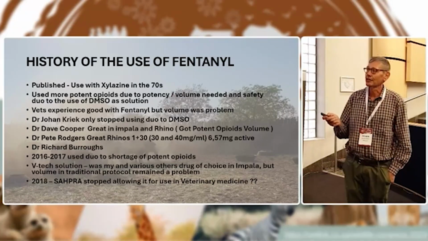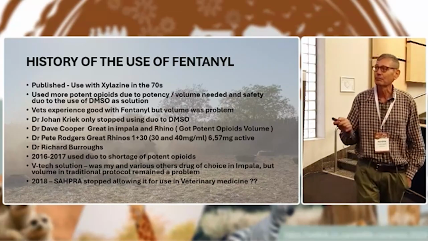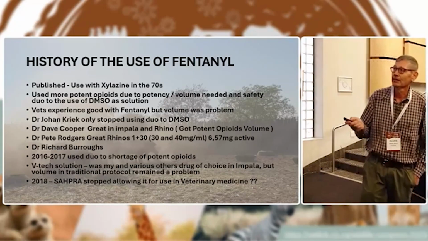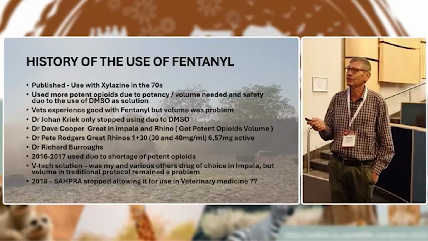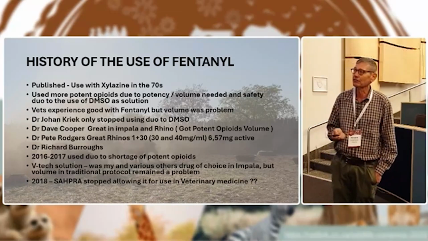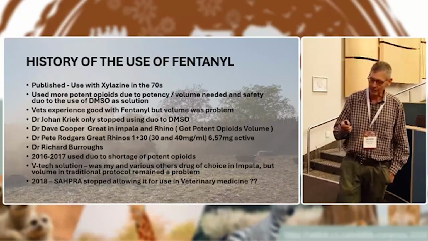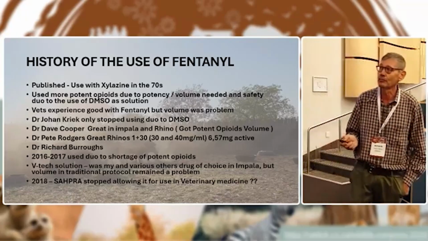The other problem, which Roger gave me this morning, is the concentration of the fentanyl. Per gram, you've got 6.57 milligrams of active in there, and they just haven't had the means to make it more concentrated.